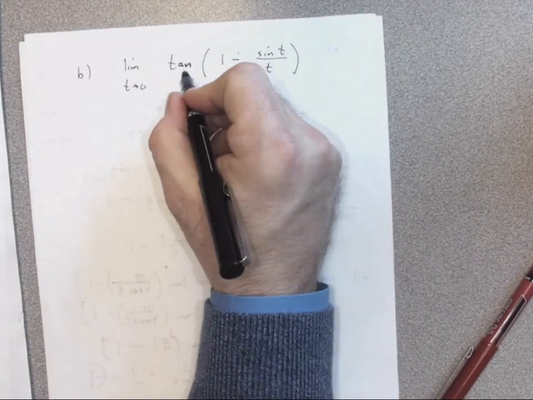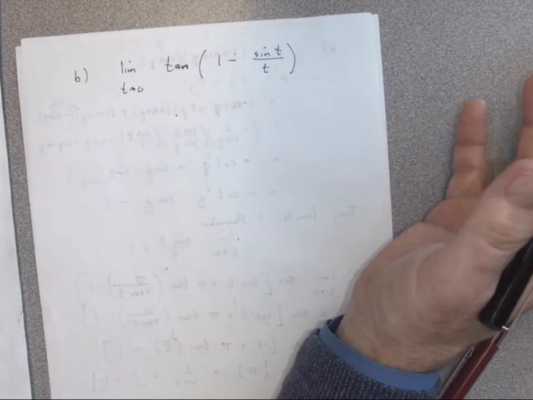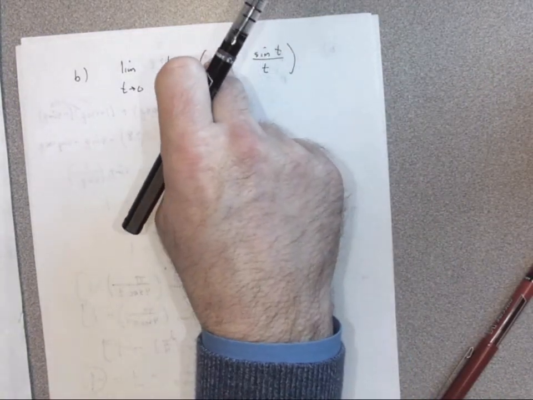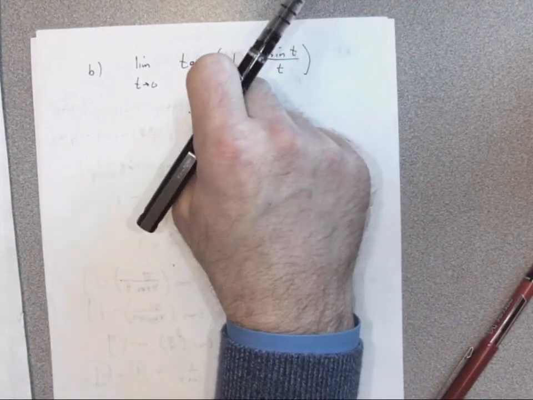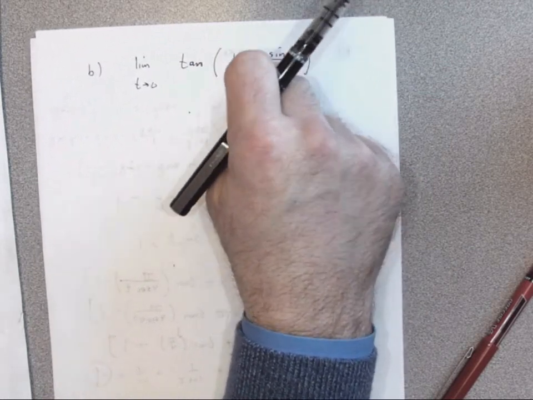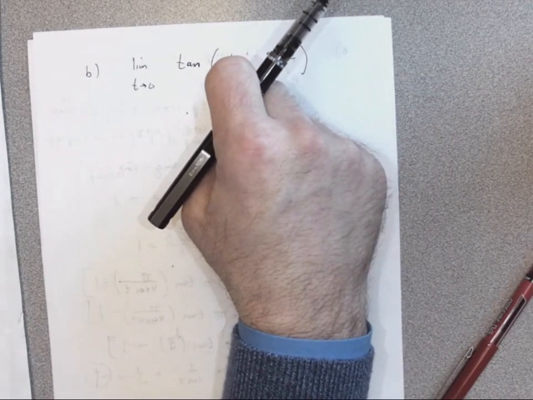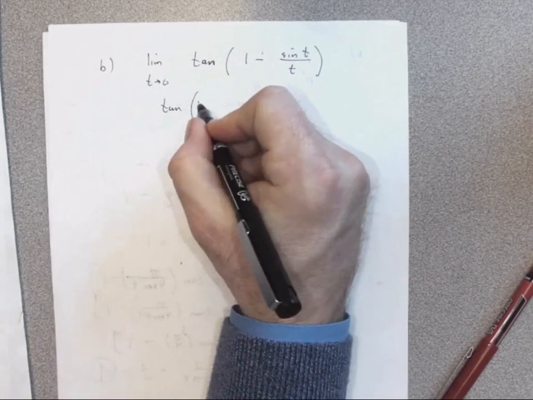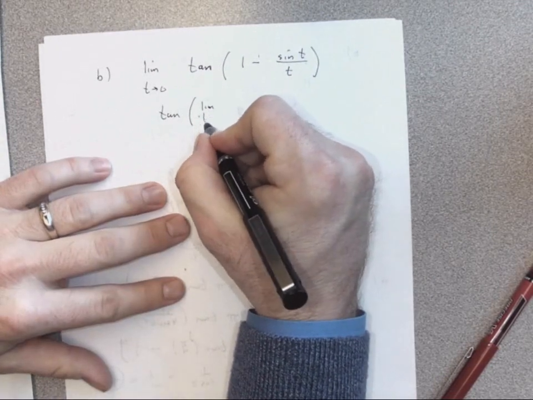What it means is if this tangent function is a continuous function over its restricted domains. So as long as we don't land on an asymptote here, which is like plus or minus pi over 2, or multiples of pi of those, then we're going to be fine. So I know that the limit of the tangent function is going to be the tangent of the limit. So I can really just plug the limit in here.